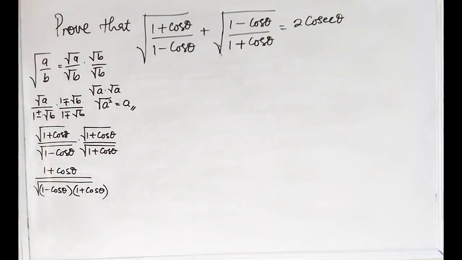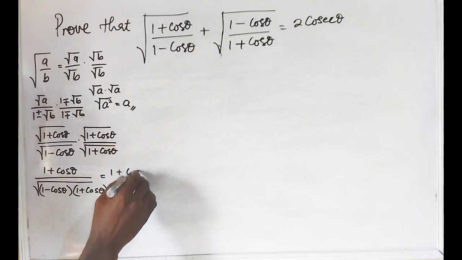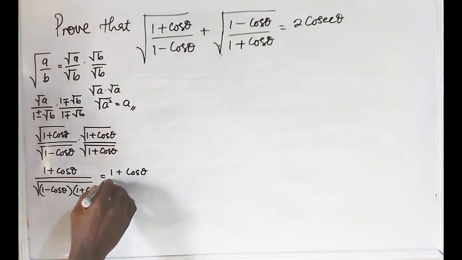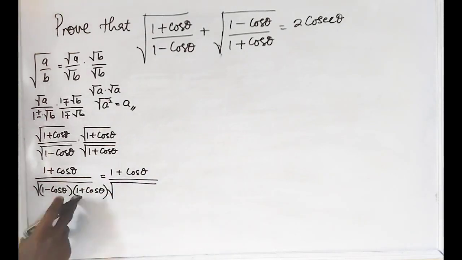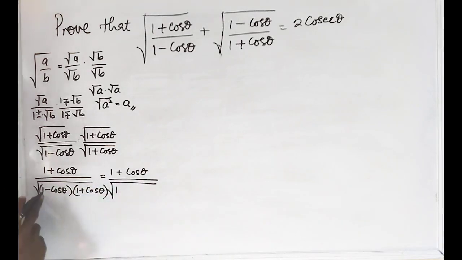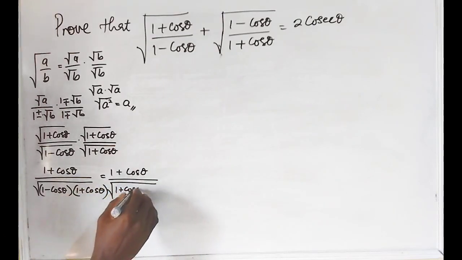Now to resolve this: 1 times 1 gives 1. 1 times positive cos theta gives plus cos theta.